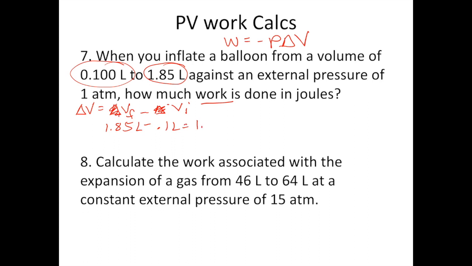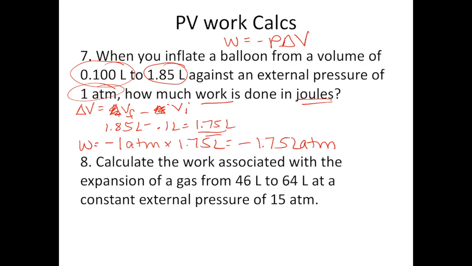My delta V is 1.75 liters. My pressure is 1 atmosphere. So I'm going to plug in negative 1 atmosphere times 1.75 liters, and I get negative 1.75 liter atmospheres.